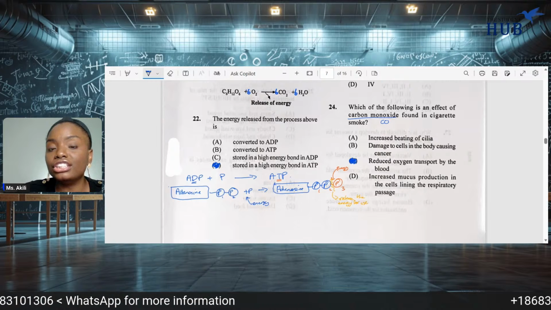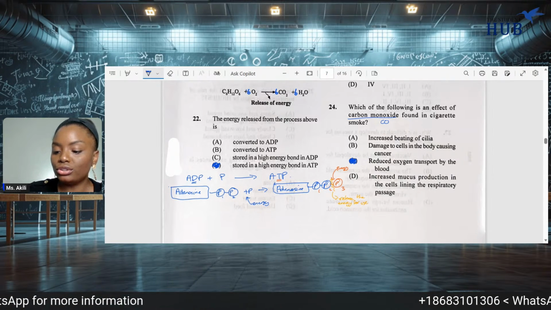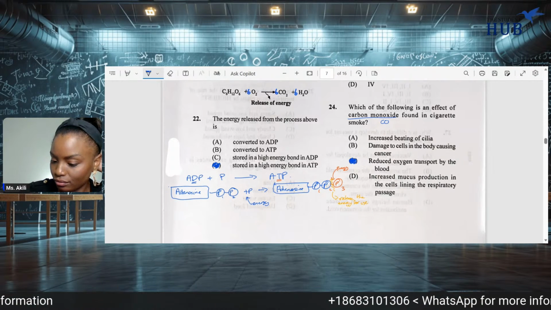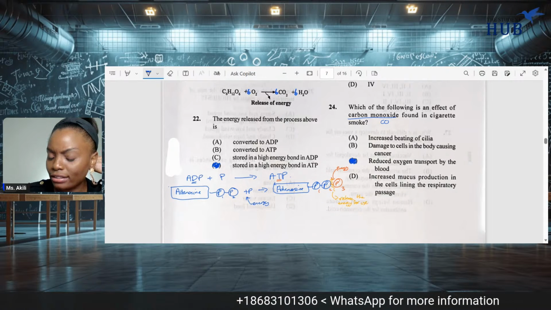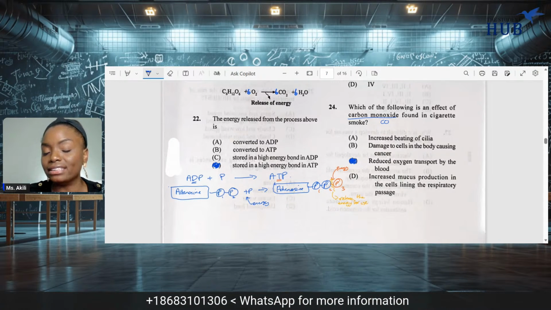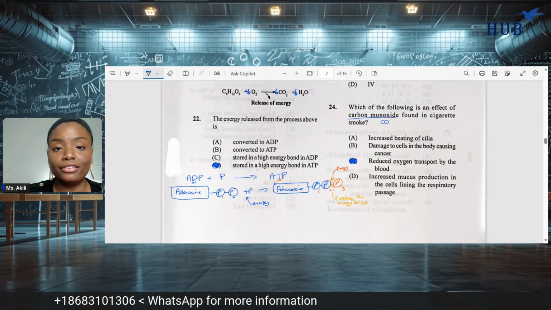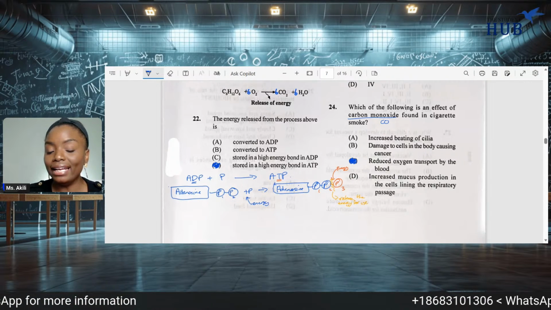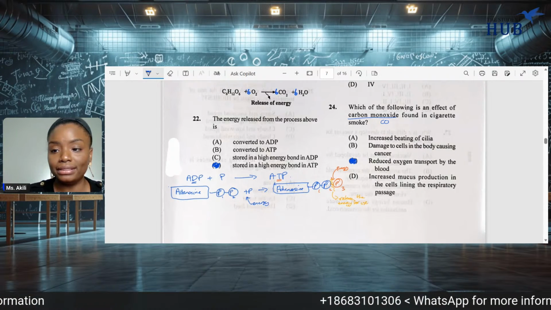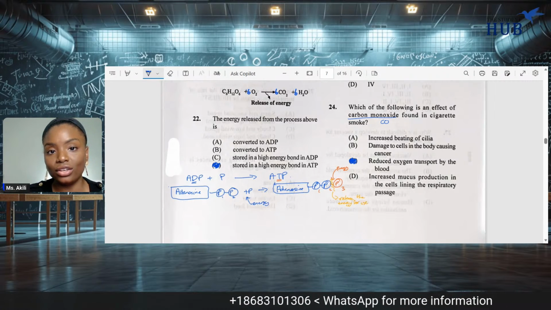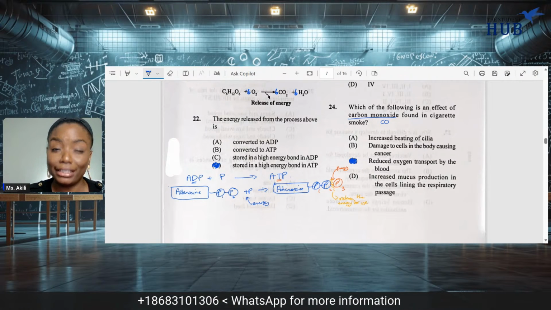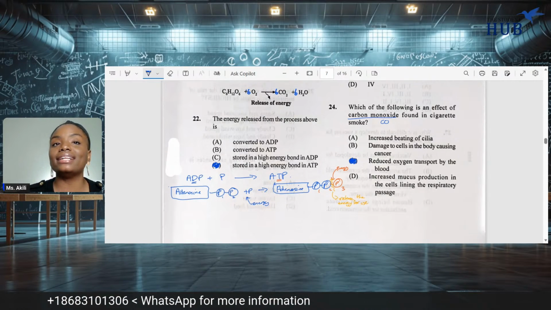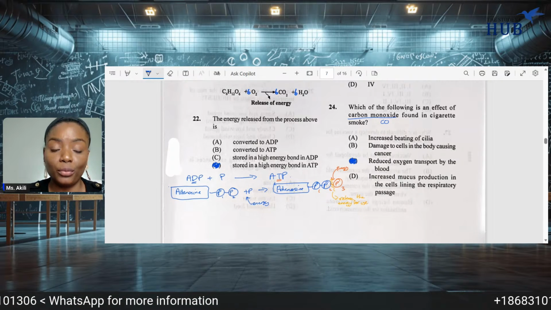There are different versions of this question that come up. Carbon monoxide will not have an effect on the increased beating of the cilia. The cilia that line the respiratory passageway are there to help clear away the mucus, right? But tar that is also found in cigarette smoke, as it settles on the lining of the respiratory passageways, actually traps the cilia so that the cilia is no longer able to clear away the mucus.